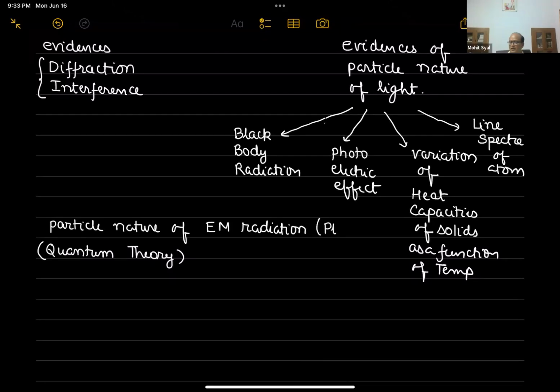It was given by Max Planck. Or photon theory. So first we will try to figure out what this theory is, and then we will try to understand the experiment.